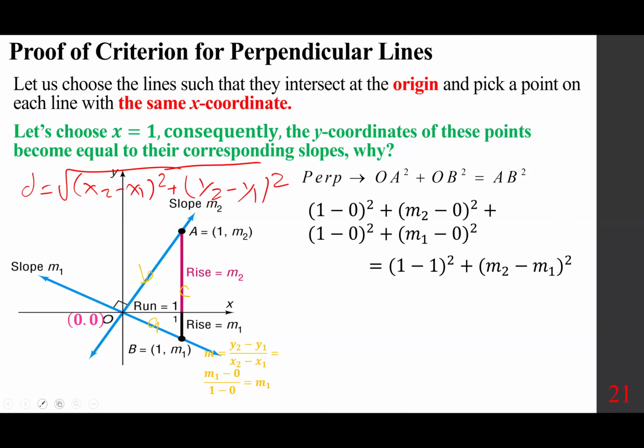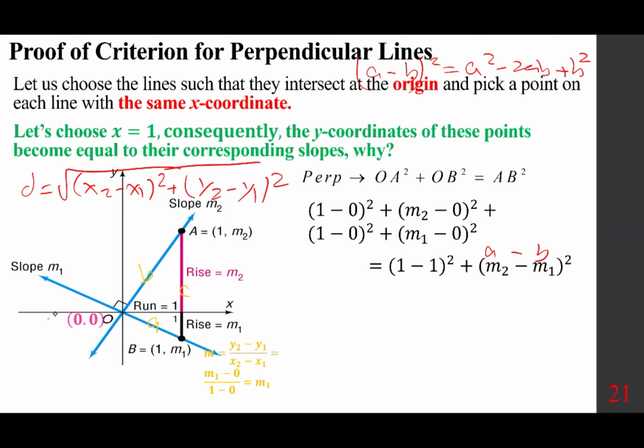We are going to simplify each side. This is 1 squared, this is m2 squared, this is 1 squared, this is m1 squared, this goes away, 0. Then a minus b quantity squared, I write it here for you. I hope you remember that. It's a squared minus 2ab plus b squared.